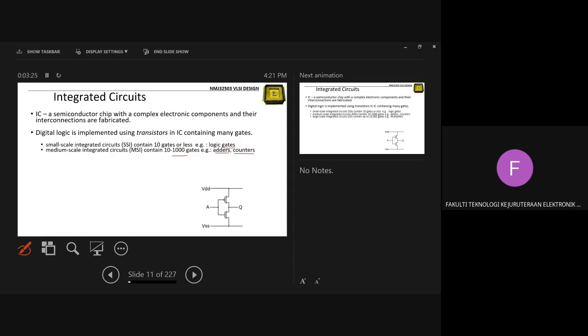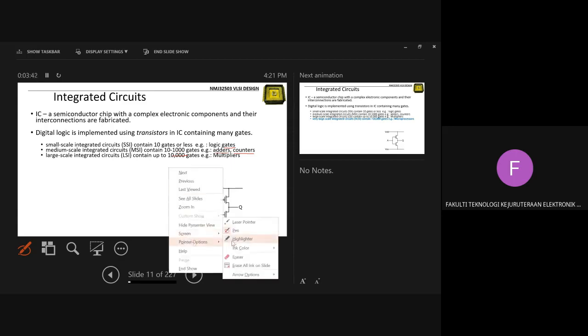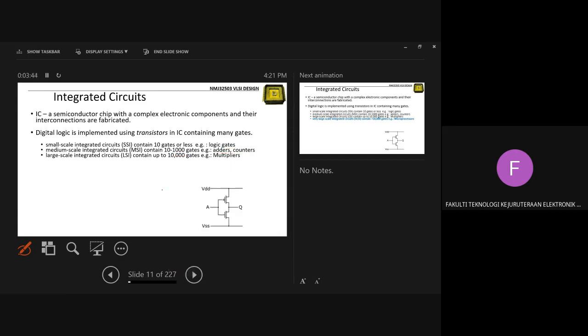Just imagine from logic gate, now we can implement adder or counter inside one single chip. So we are able to integrate about 1000 gates inside a chip. And then we have LSI technology, containing up to 10K. So with 10K, you can implement a multiplier.